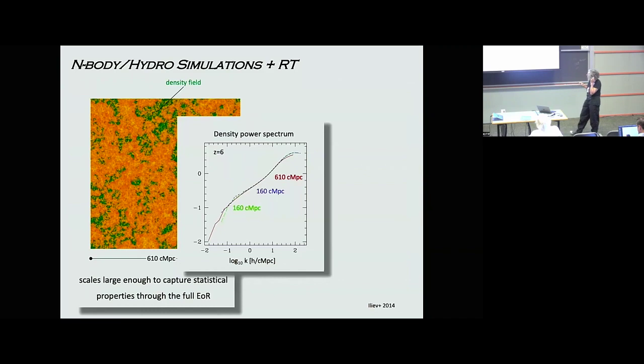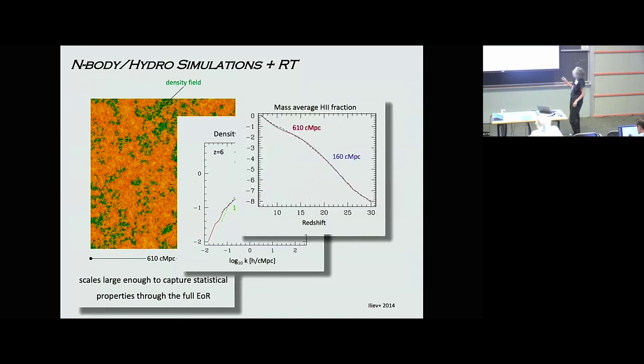The author of this simulation also ran a simulation with exactly the same physics, exactly the same parameters, but just smaller boxes, so 160 comoving megaparsecs. And you see that if you calculate the density power spectrum, this is a ratio, they are quite converged. And they are converged also in terms of the evolution of the mass average ionized fraction.